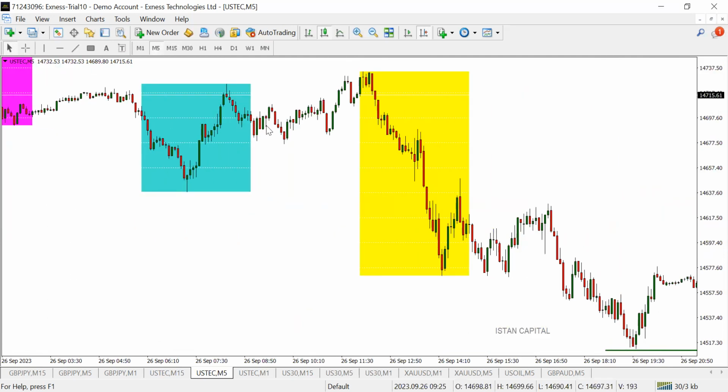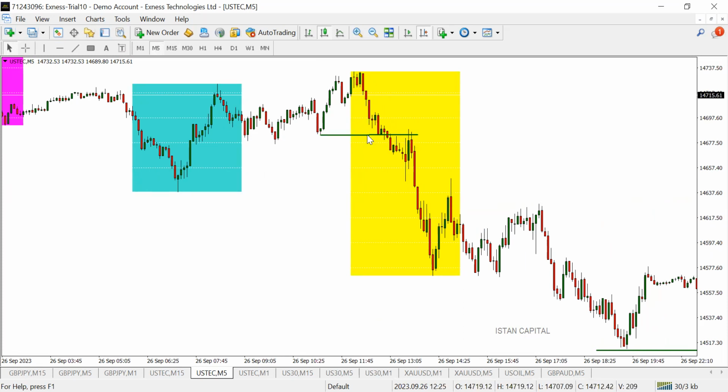What's the rule? Do not take the trade without a lower low after 3 levels of rise. Where's your last low? Right here. This is your last low. Was there a lower low? No. So I was waiting for the lower low, and the market gave us the lower low. So lower low confirmed after 3 levels of rise here.